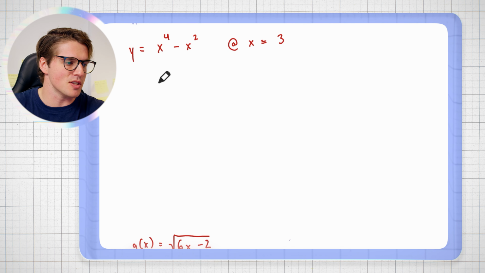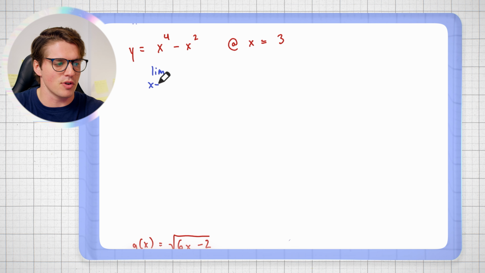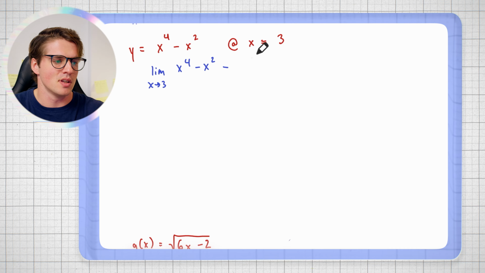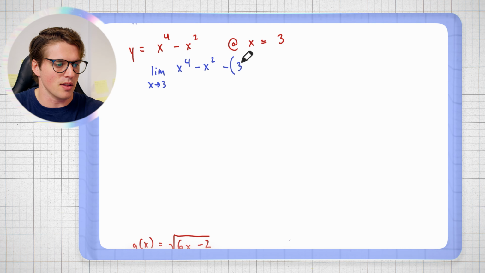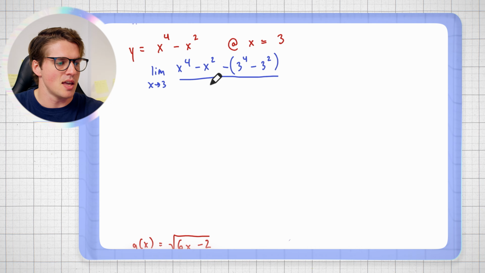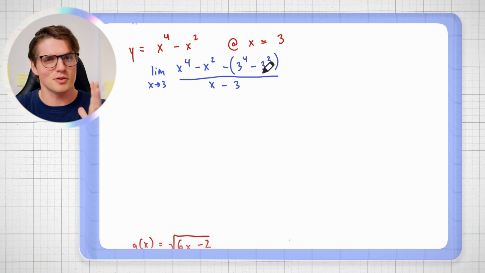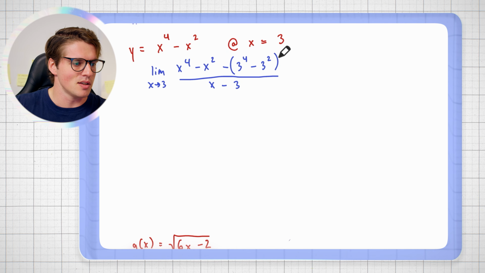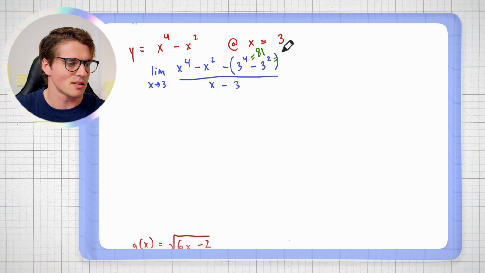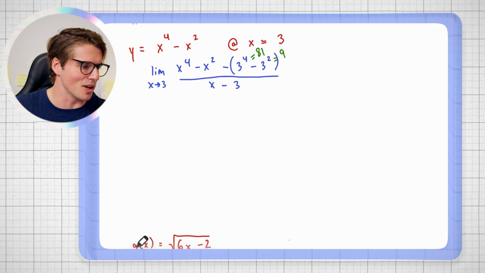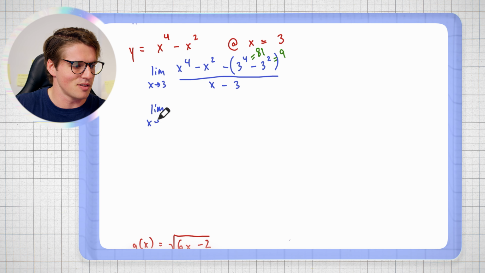So we say the limit as x goes to 3 of f of x, x to the fourth minus x squared, minus f of a, which is 3 to the fourth minus 3 squared, all over x minus 3. 3 to the fourth is 9 squared, which is 81, and 3 squared is 9. 81 minus 9 is 72. Okay, we're not calculators, we don't need to do that all day.